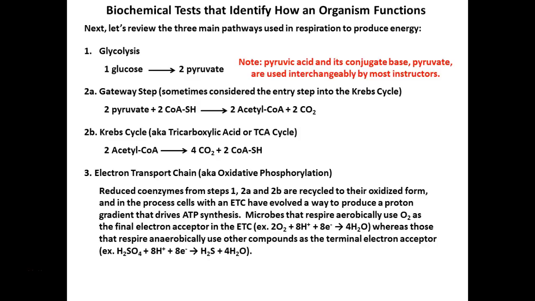They bring those to the electron transport chain, and the electrons, as the name says, are transported along that chain. And if you're an aerobic organism, what's at the end of that chain? Oxygen. And it accepts the electrons and forms water, what we call metabolic water, because we made it in our bodies. So from glycolysis, the gateway step, and even the Krebs cycle, electrons are stripped away and brought to the electron transport chain.